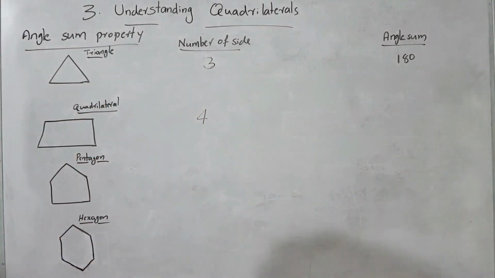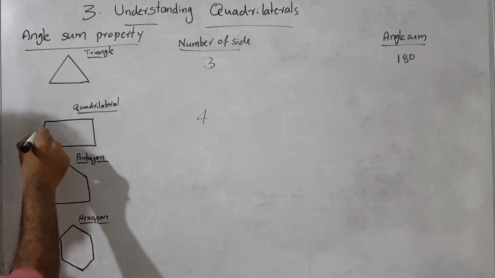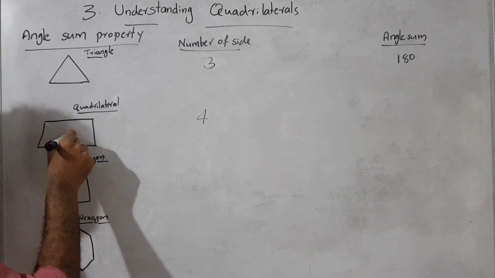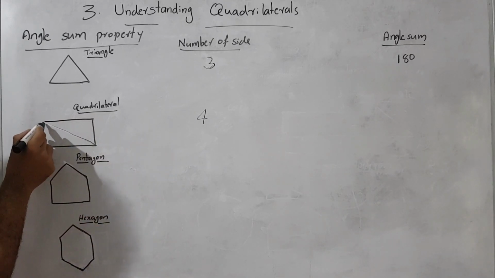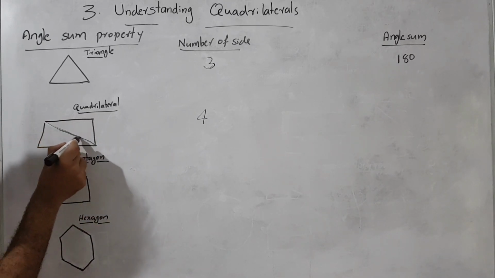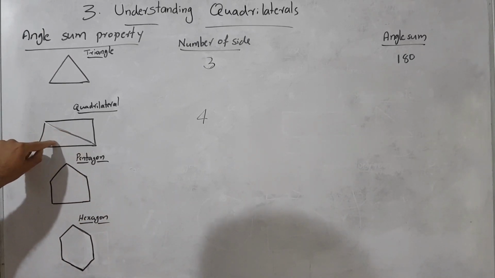Here it is possible to draw a diagonal in 2 ways. I am drawing like this. Then I construct a diagonal. That diagonal divides the quadrilateral into 2 triangles, correct?